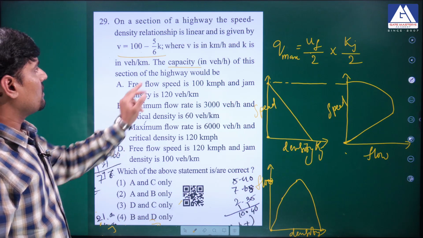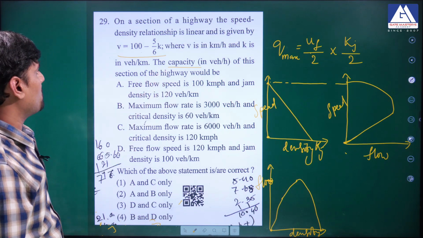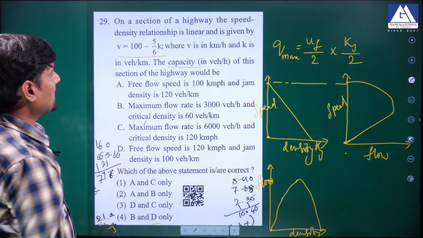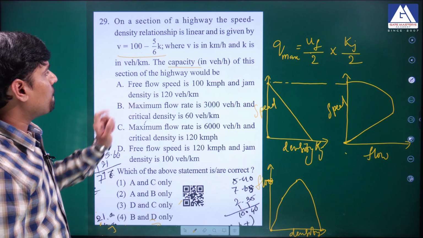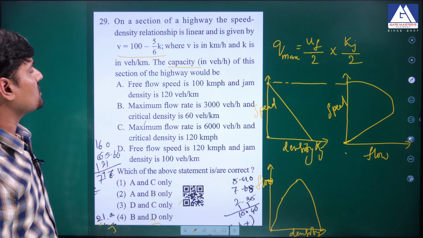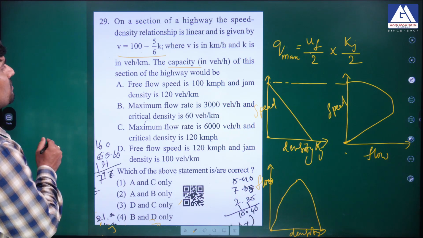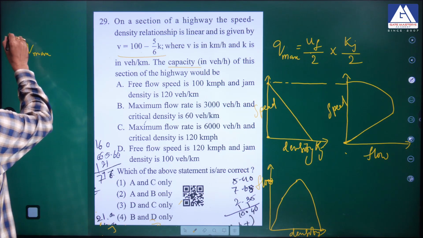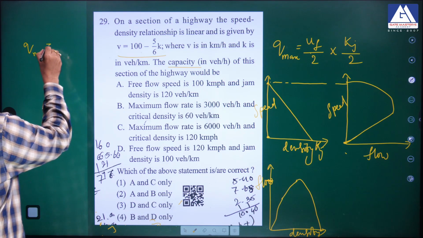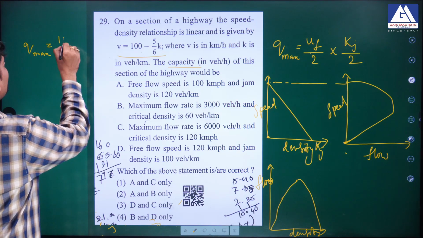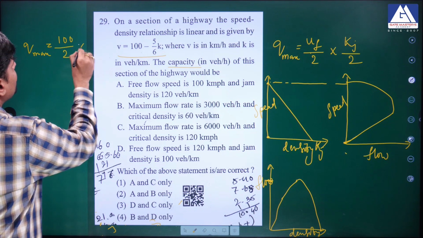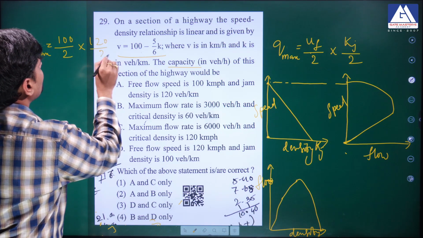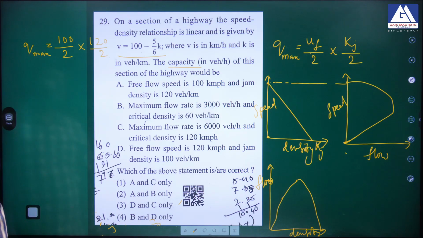Now the question: the capacity is a maximum flow. So the capacity of this section of the highway would be, there is an option A, where the free flow speed is 100 kmph and the jam density is 120 vehicles per km. So let us try to calculate Q max for option A. It can be calculated as 100 by 2 and then 120 by 2, right, 100 by 2, 120 by 2.